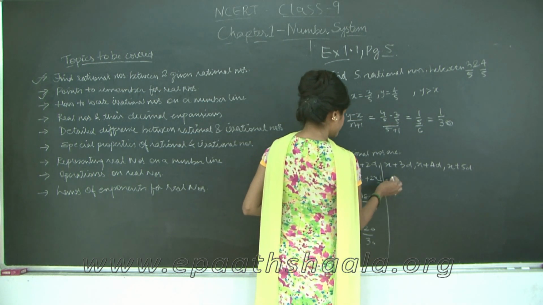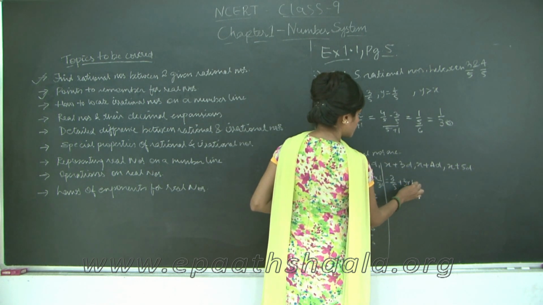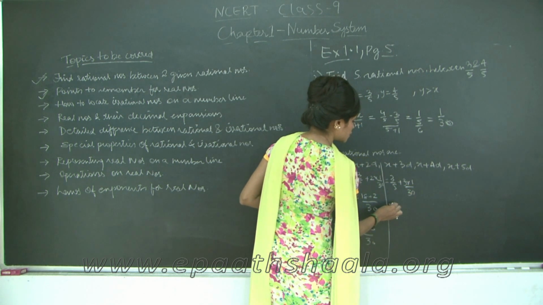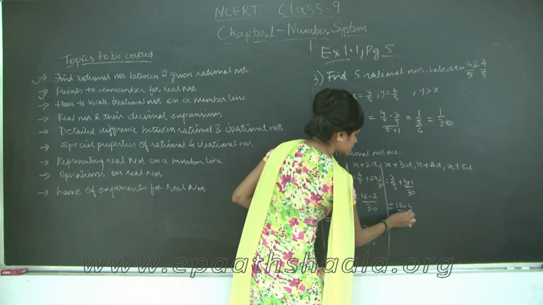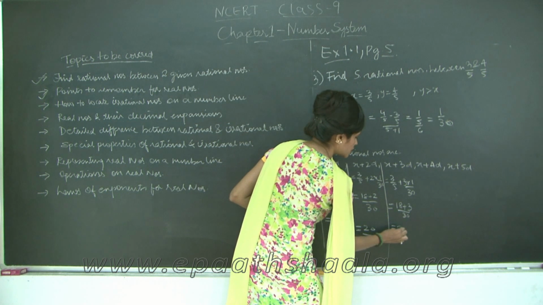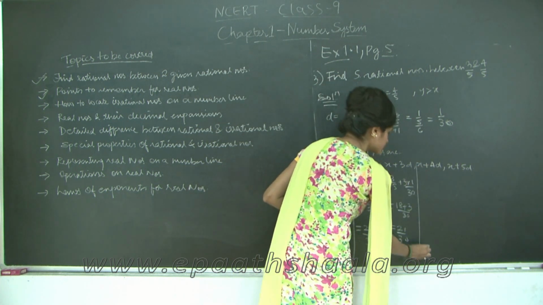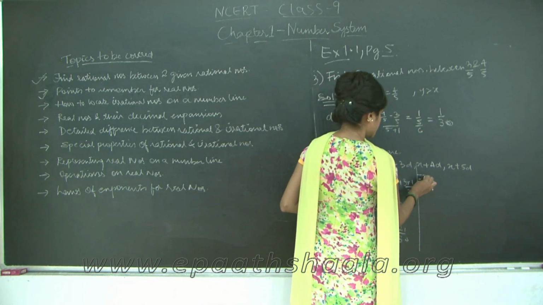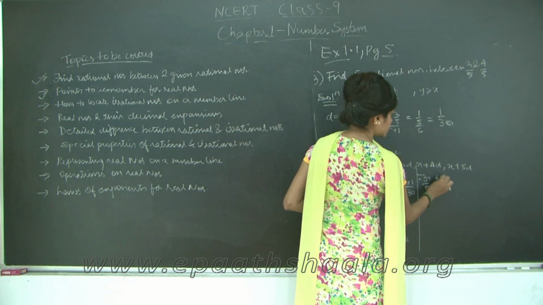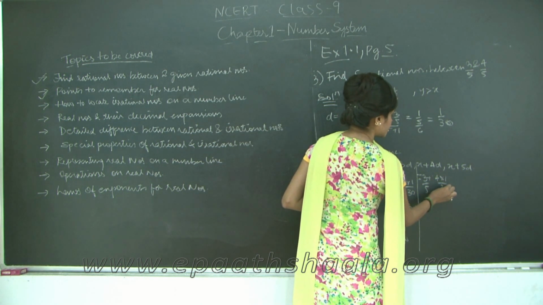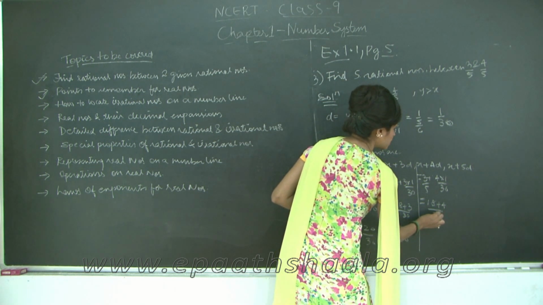This is equal to 3 upon 5 plus 3 into 1 upon 30. So this is 18 plus 3 upon 30, which is 21 upon 30. Then you have 3 upon 5 plus 4 into 1 upon 30, which is 18 plus 4 upon 30.